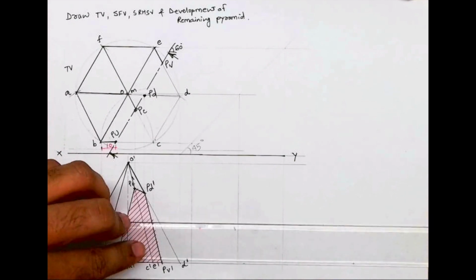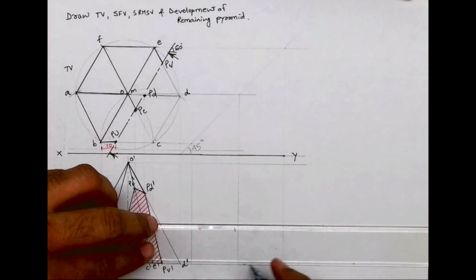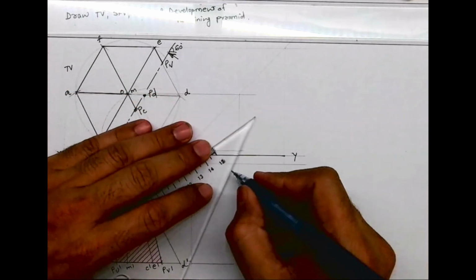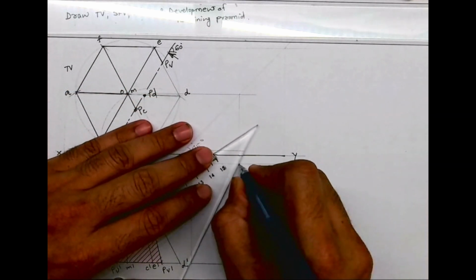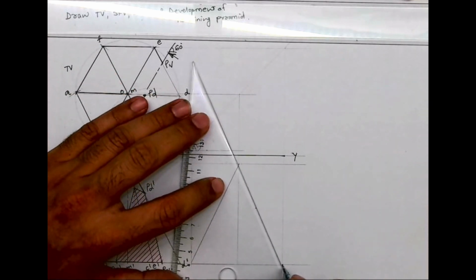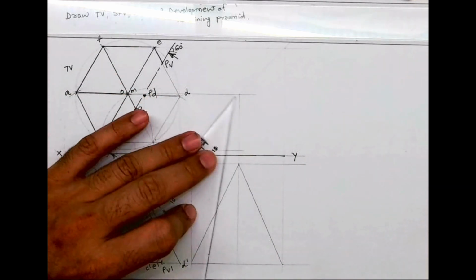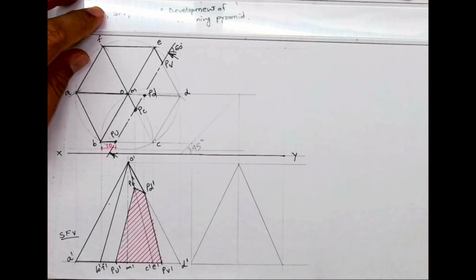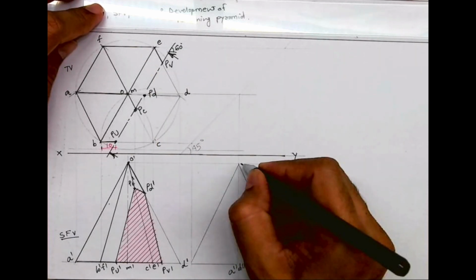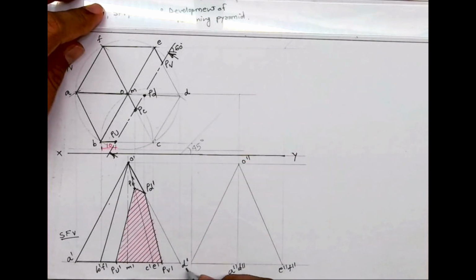See, we extend wherever it will cut, that is O double dash, and these are the bottom points. Then we will join. This is A double dash, D double dash. In side view we write double dash. This is B double dash, C double dash.